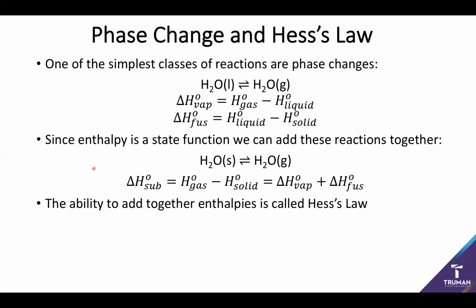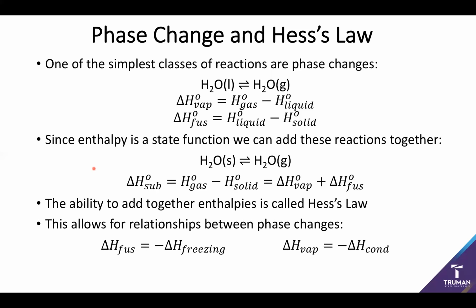And we can also apply these same basic ideas for a lot of our relationships between our phase changes, because if vaporization is gas minus liquid, condensation is going to be liquid minus gas. So the enthalpy of condensation is simply going to be the negative of the enthalpy of vaporization. And we can do the same thing with fusion and freezing, where the enthalpy for the reverse reaction of any forward reaction is simply going to be its negative.